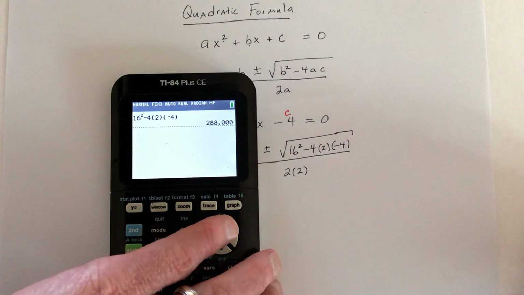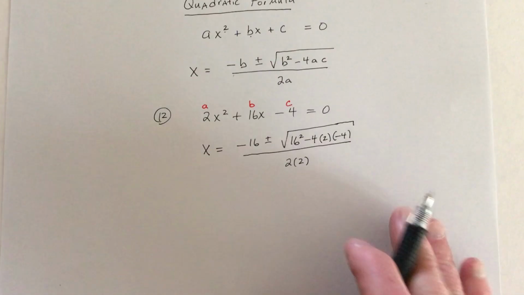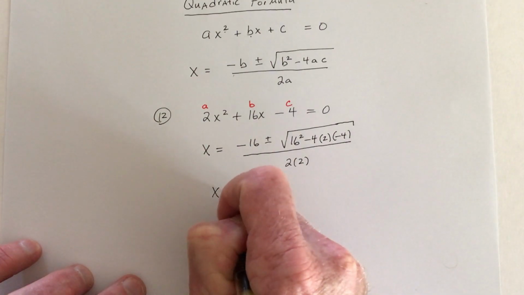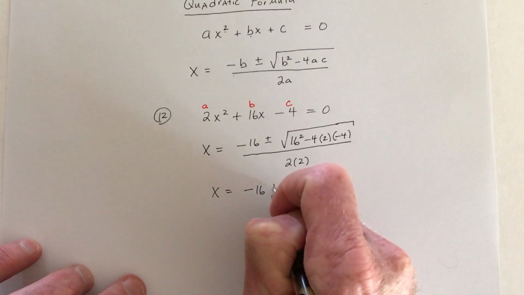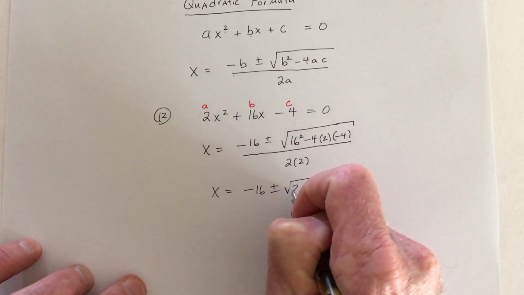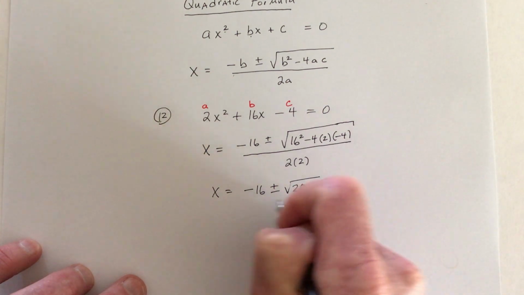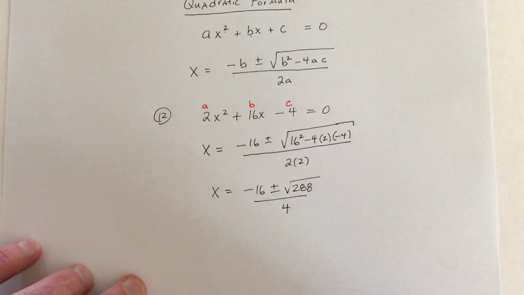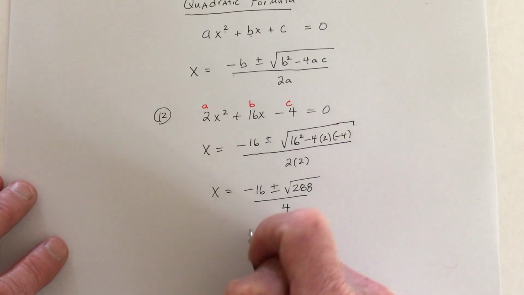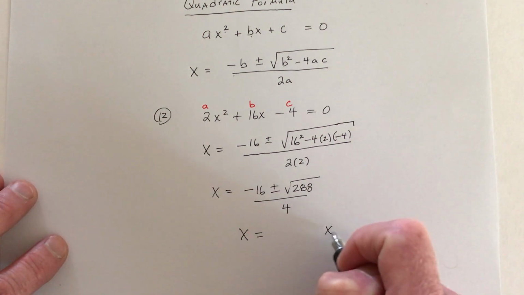So it's 288 that's inside the square root. So you've got x equals -16 plus or minus the square root of 288 and then divided by 4. And then we're going to get 2 answers.